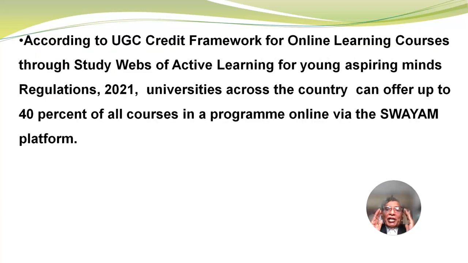According to UGC Credit Framework for Online Learning Courses through Study Webs of Active Learning for Young Aspiring Minds, that is SWAYAM Regulations 2021, universities across the country can offer up to 40% of all the courses in the programs online via the same platform.